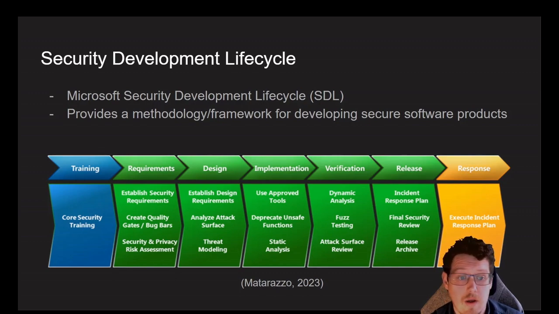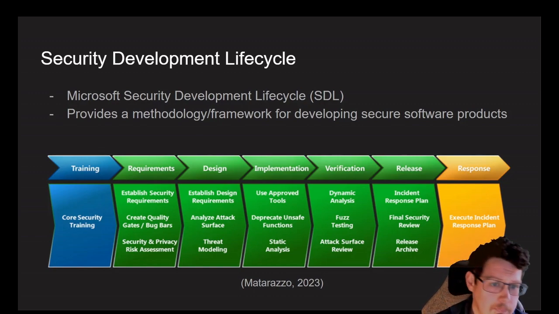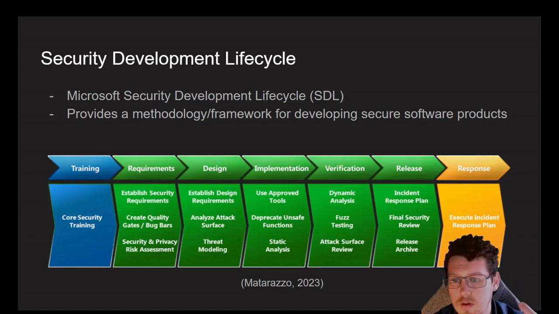So requirements: we establish the security requirements of the system. We've covered this briefly before, so this is how the requirements specification comes into the picture. As an example, one of the requirements might be that unauthenticated users should not be able to access a private members section of the web page.